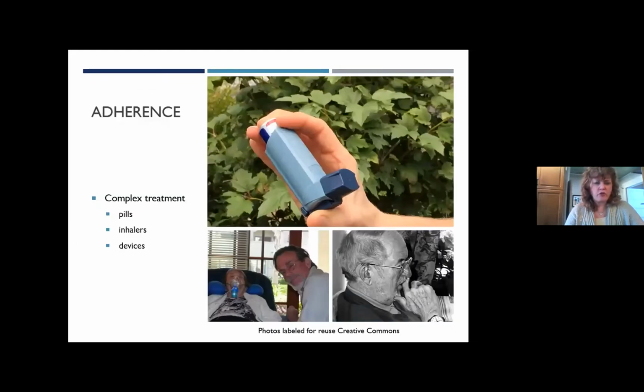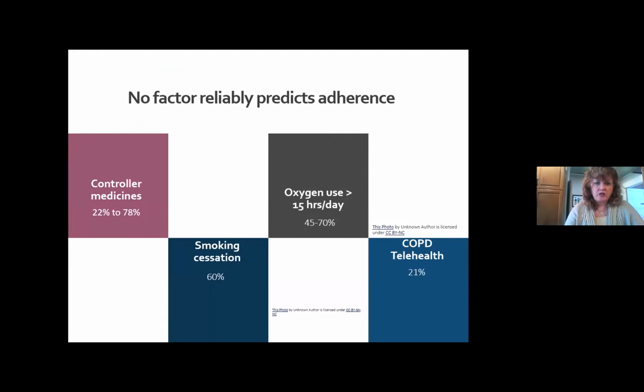So as I mentioned before, adherence requires complex treatment of pills as well as inhalers, and these inhalers are delivered through a variety of different devices. And there are no factors that reliably predict adherence.